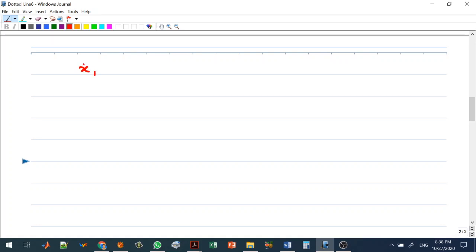Let us consider that we have a system x1 dot is equal to x1 plus x2 minus x1 times (x1 square plus x2 square).